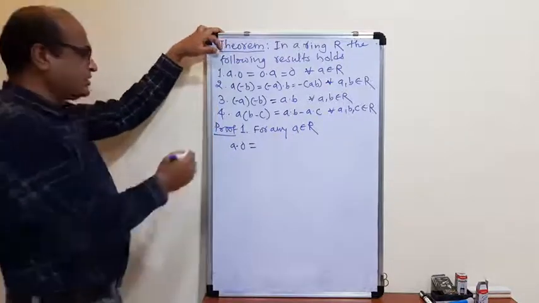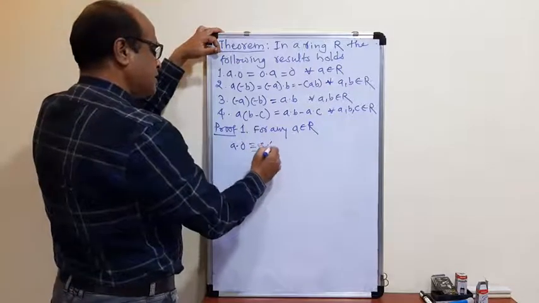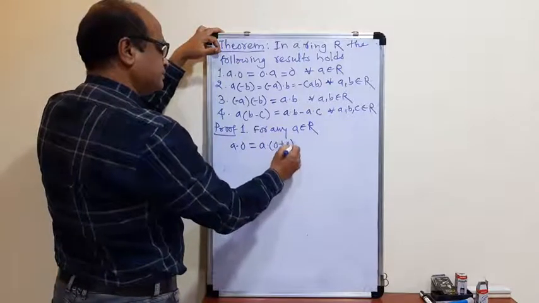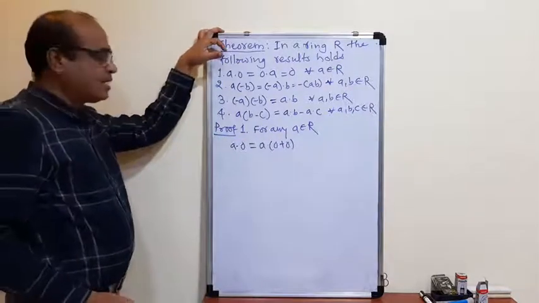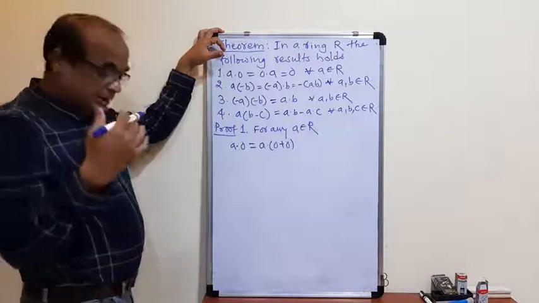This can be written as A into (0 plus 0), since 0 can be written as 0 plus 0. Then, what is the distributive property here?